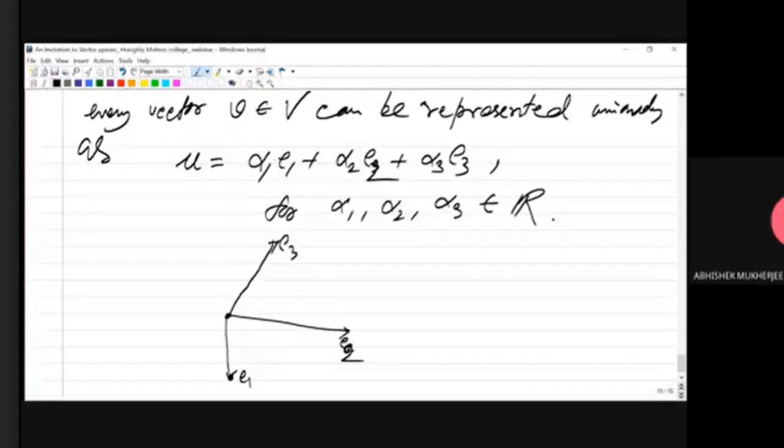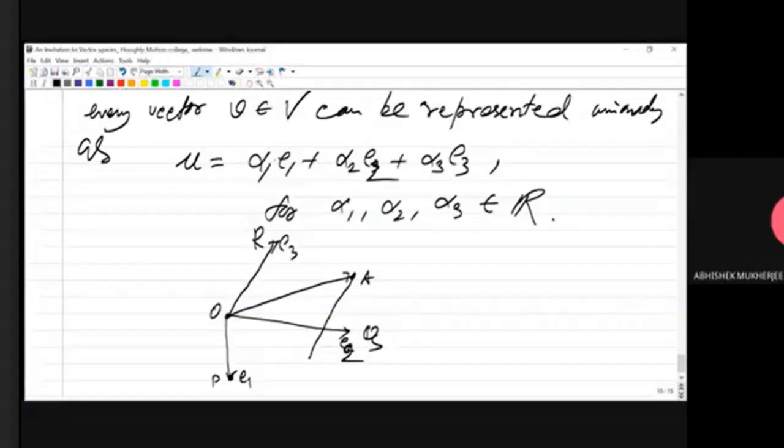Now what do you do? So the localization I should mention. This is your OP, this is your OQ, and this is your OR. Now you have one vector like that, suppose it is A. Then you will consider the localization of this one.